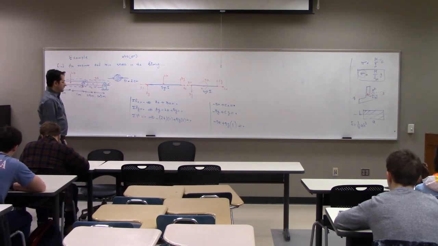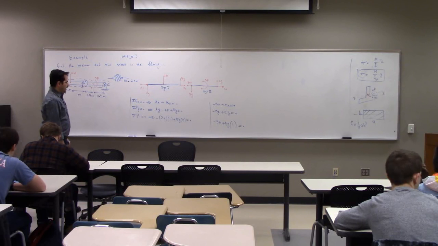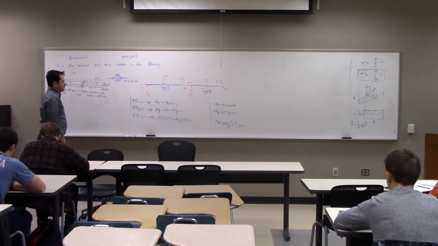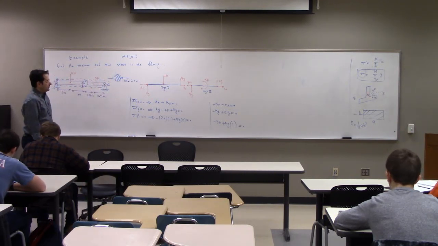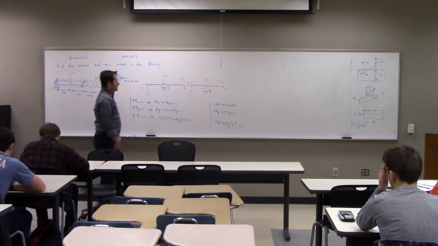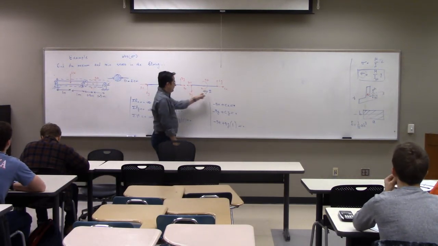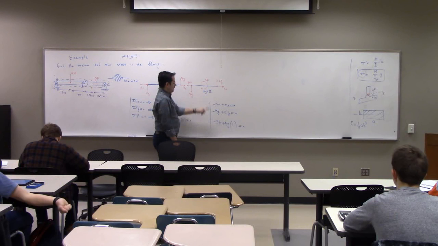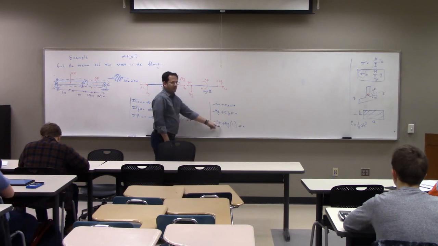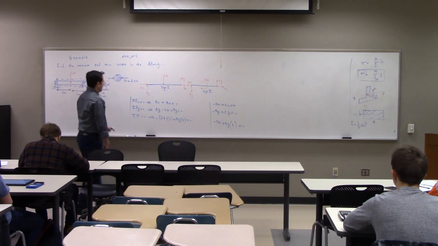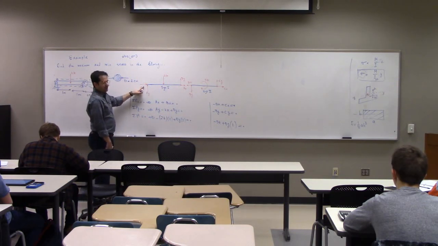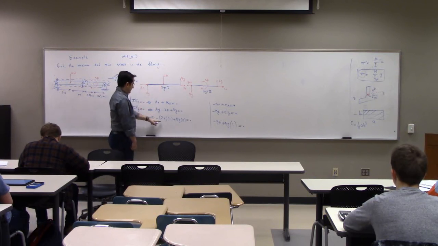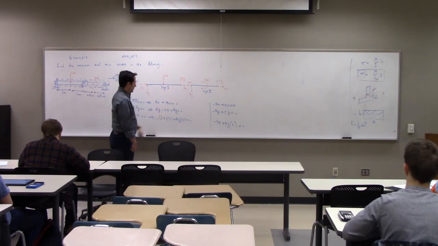Hold on. Yeah, the thing is here we have some sort of inconsistency. If we solve BY from the moment equation at that point, we get negative 5K plus BY times 1 is equal to 0, so BY is 5K. And if you solve BY from the other moment equation, you get negative 2 times 1 plus BY times 2 is equal to 0.